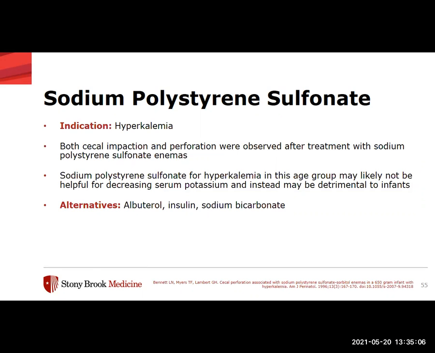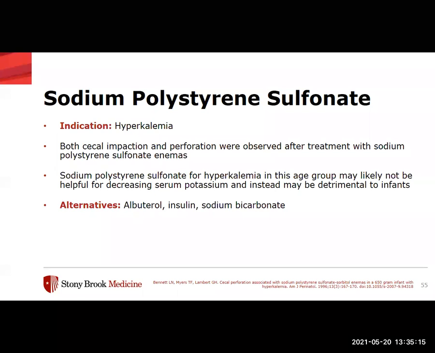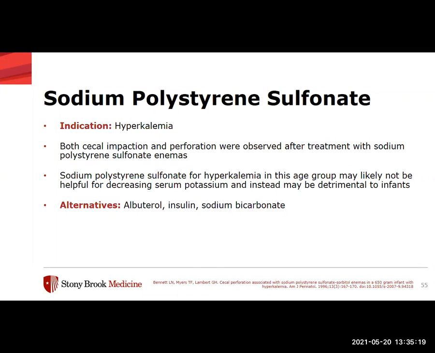In a case report of a 24-week-old hyperkalemic newborn weighing 650 grams, both cecal impaction and perforation were observed after treatment with Kayexalate enemas. Additionally, pathologic examinations showed Kayexalate crystals contained in the newborn cecal abscess.